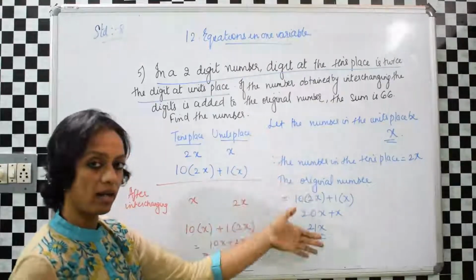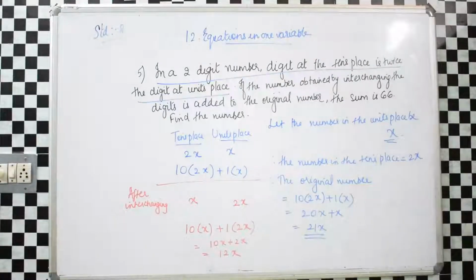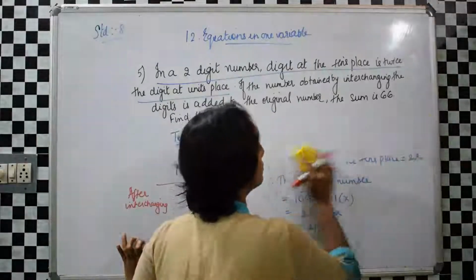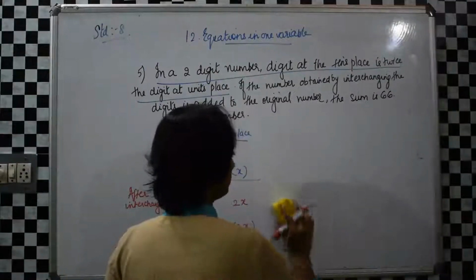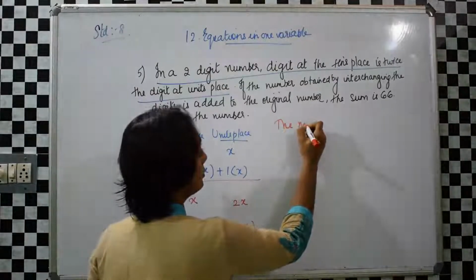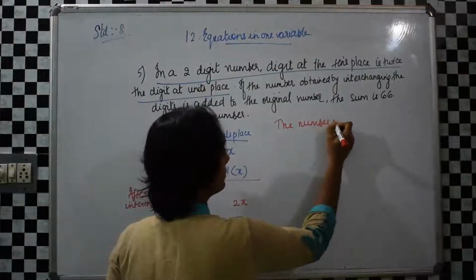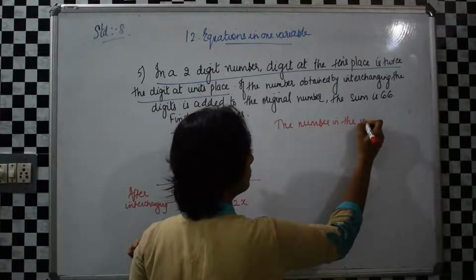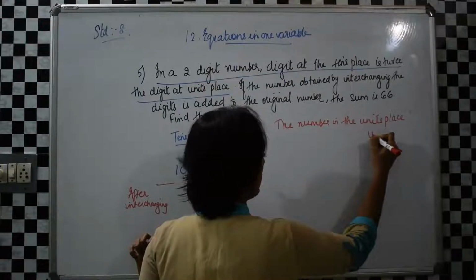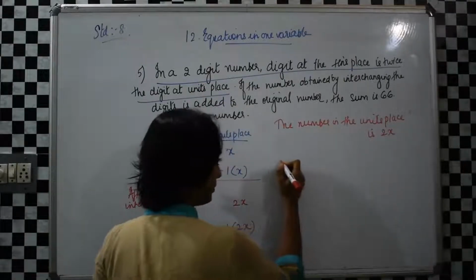I will copy this part now. So now the number in the units place is 2x.